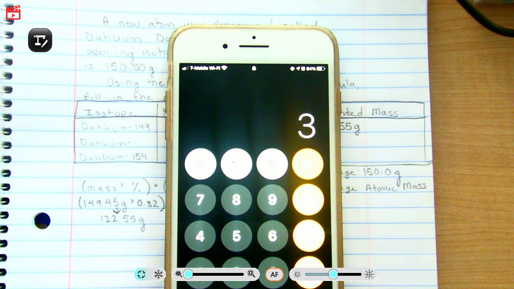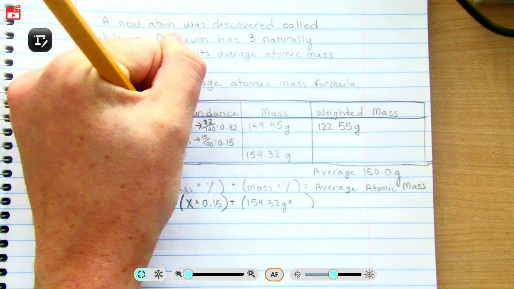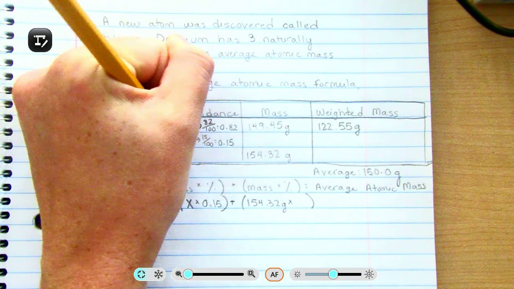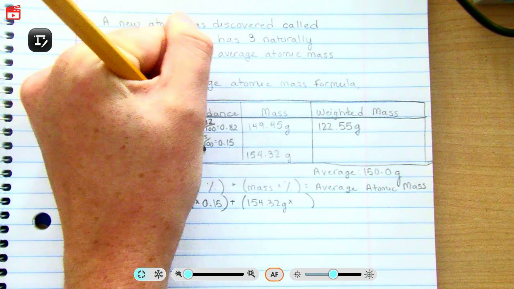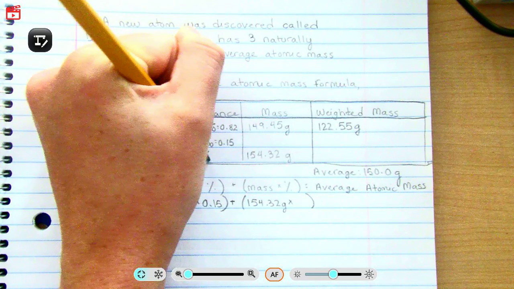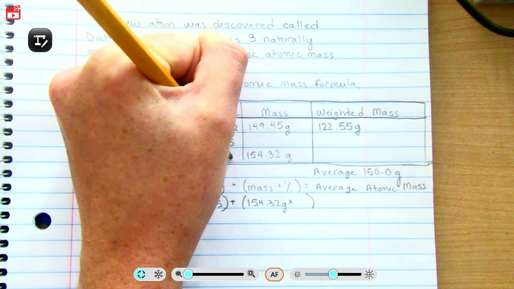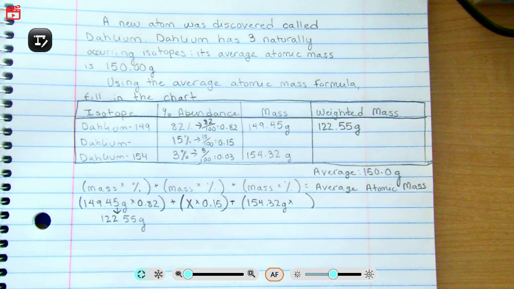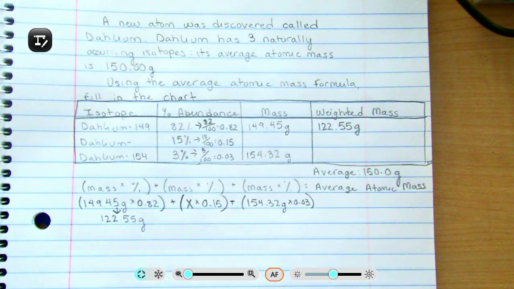So this is a very rare isotope of dolium. Our last isotope of dolium is 3% naturally occurring, also known as 3 over 100, which is 0.03. That's a very small number. So you're going to do 154.32 multiplied by 0.03.